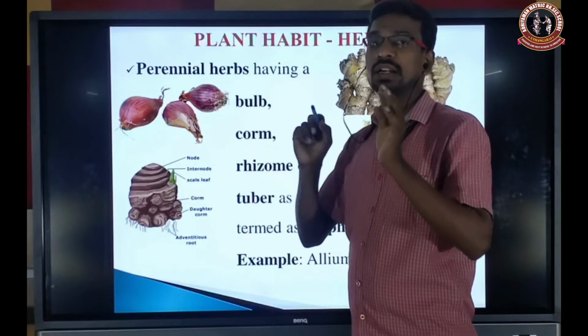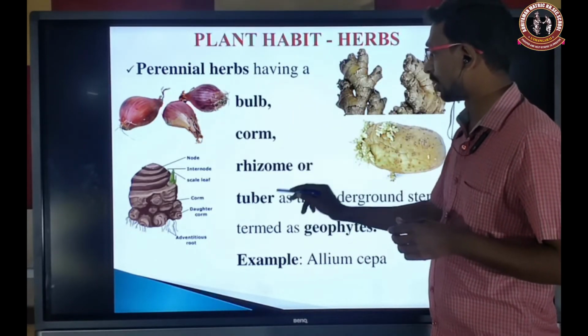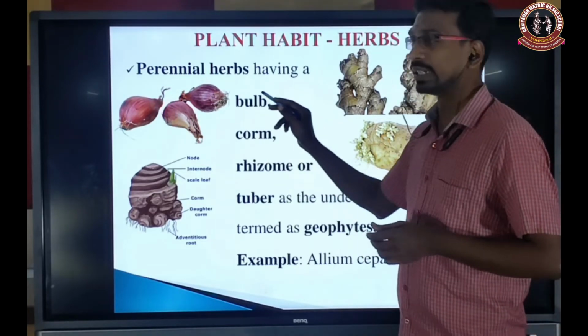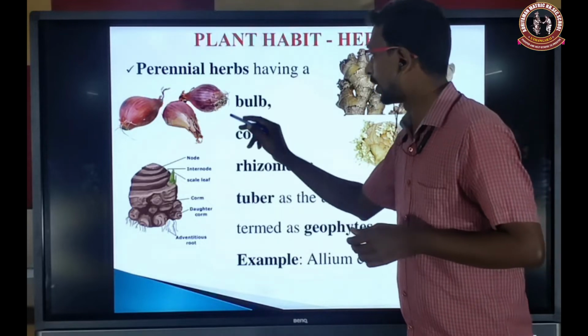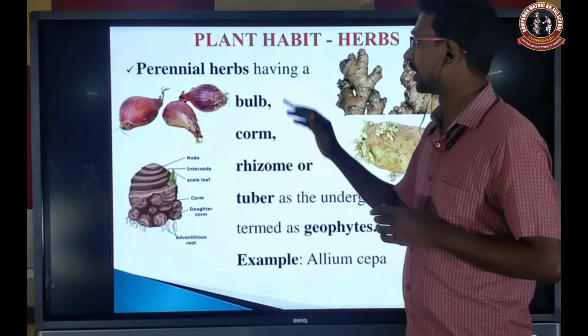Suppose it's a perennial herb. It may have a bulb, corm, rhizome or tubers. These are mainly for perennation, or they are a reproductive part. So here these are herbs.